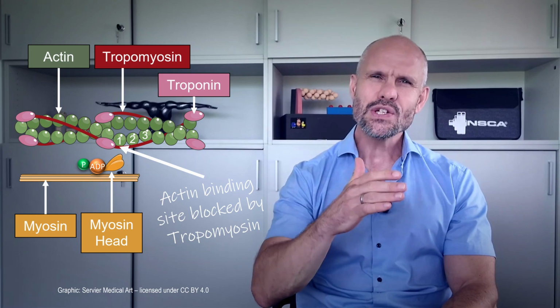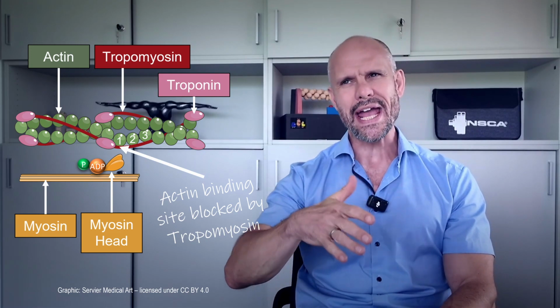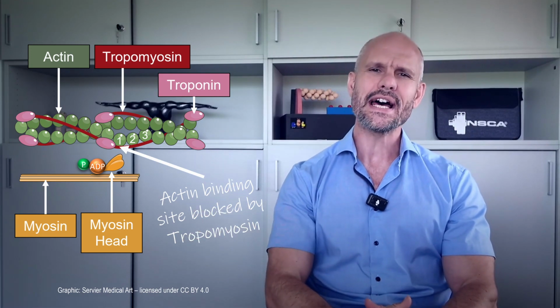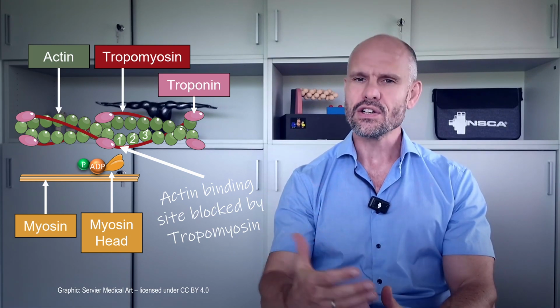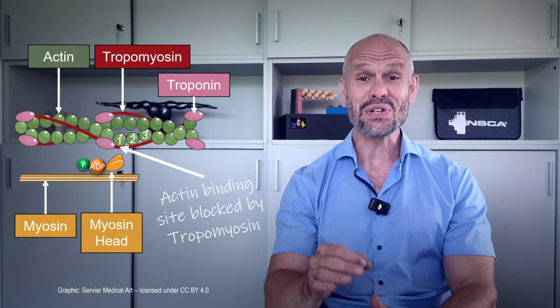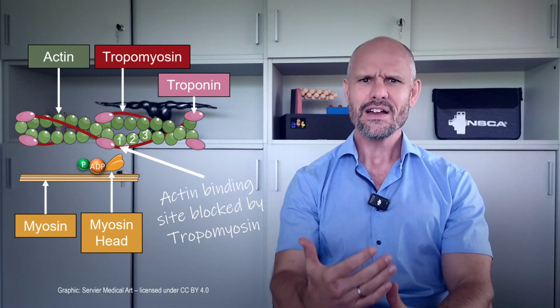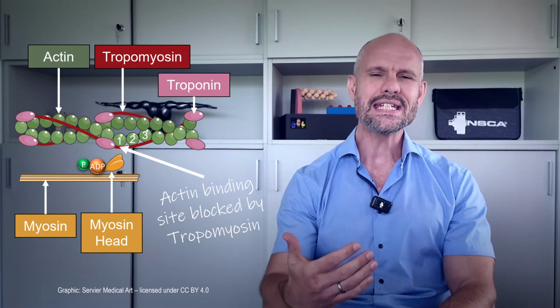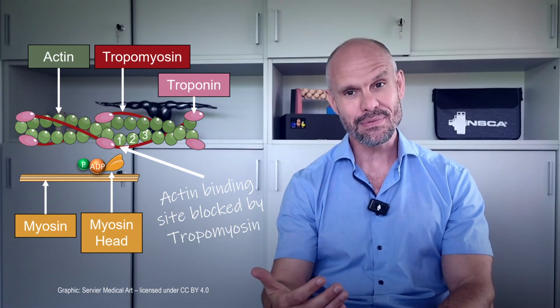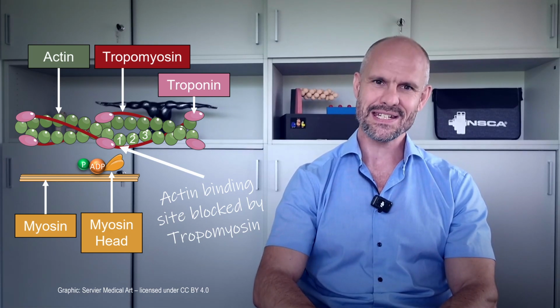They've already hydrolyzed ATP into ADP and inorganic phosphate, and the lever arms are cocked, ready for contraction. But low calcium keeps actin sites blocked by tropomyosin. When calcium levels rise, actin becomes accessible and the cycle begins.